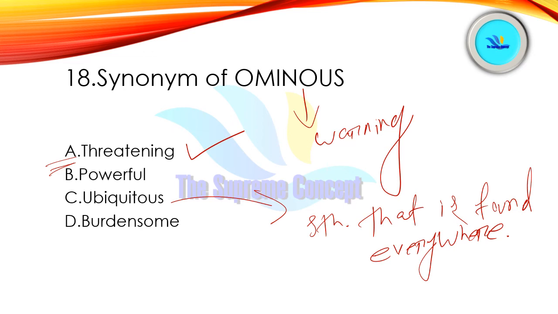And then we have burdensome. Burdensome means troublesome, or we can say a thing that appears like a burden to the owner. Our correct answer to this question was threatening, option number A.